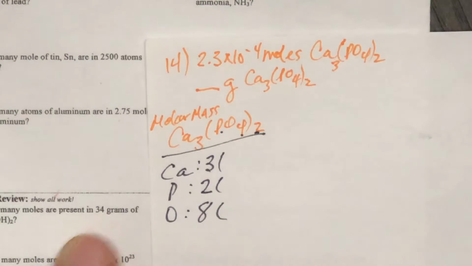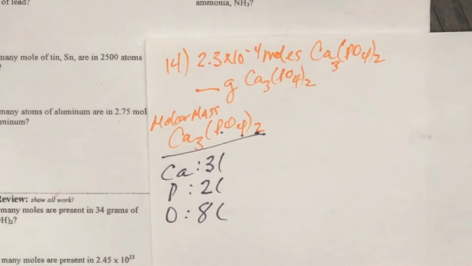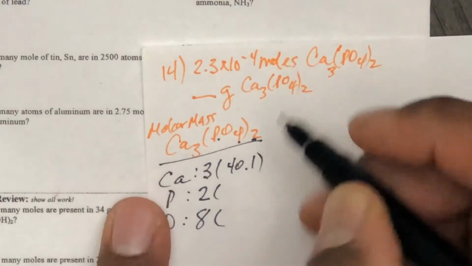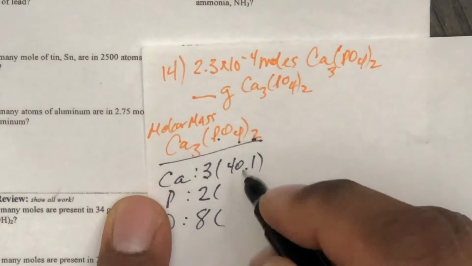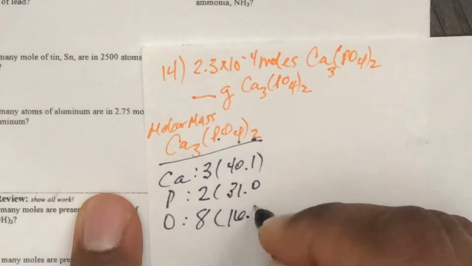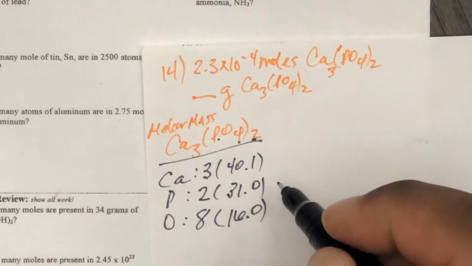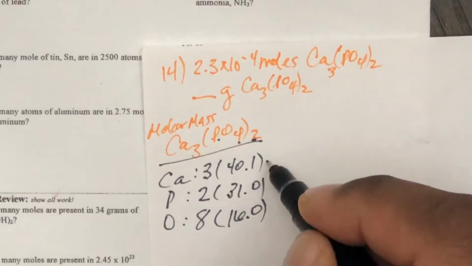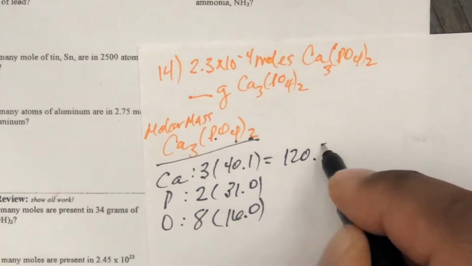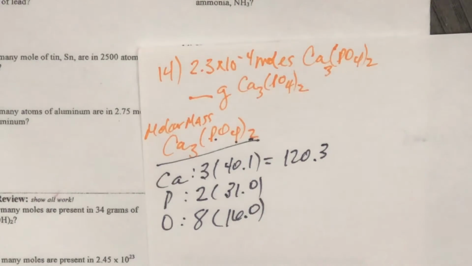Next, we have to find their masses. For calcium, it's going to be 40.1. For phosphorus, it'll be 31. And oxygen, 16. As we multiply, we end up with 120.3 for calcium.